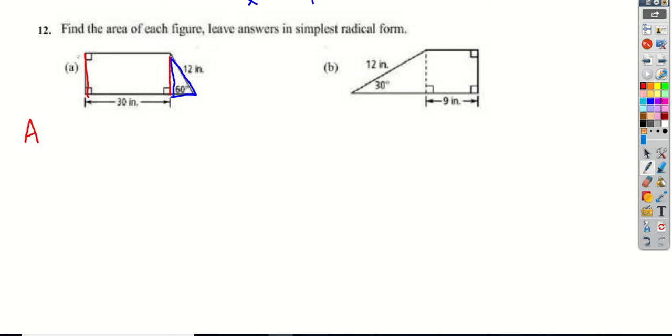So my rectangle has an area of, we'll say, base times height, okay? And we're going to do area. We'll draw a little rectangle so we know what we're talking about. The base is 30. However, we don't know what the height is. And my area of a triangle is 1/2 base times height. And I don't have either for this one, okay?